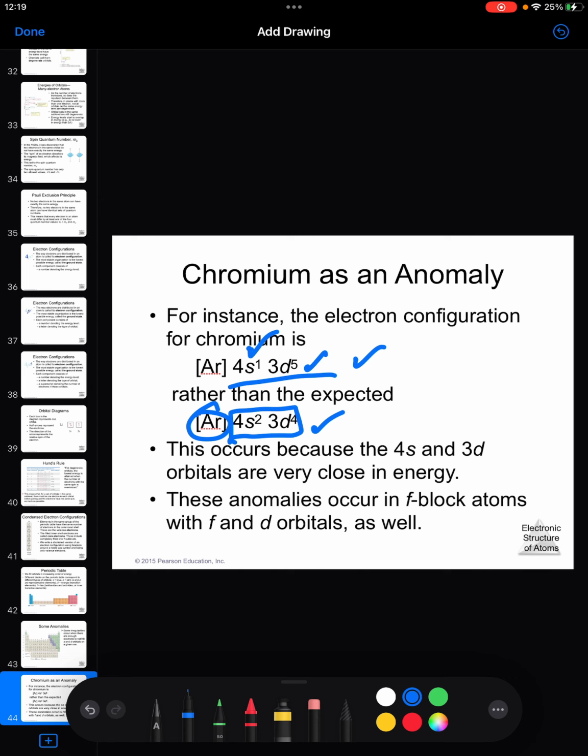That is bonding. And they're also the electrons that are lost when we form a cation, and they're the electrons that have to interact with the electrons that are added when we form an anion.